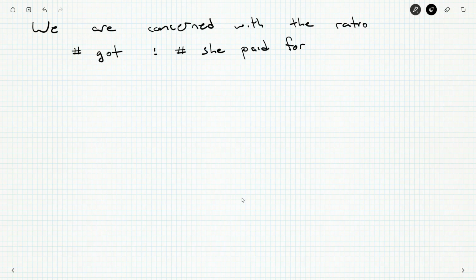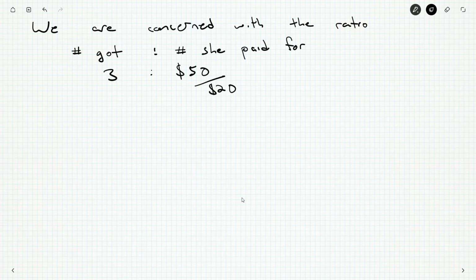It's sort of tricky how I want to set this up. But she got 3 DVDs, and she paid $50. Now, each DVD costs $20.